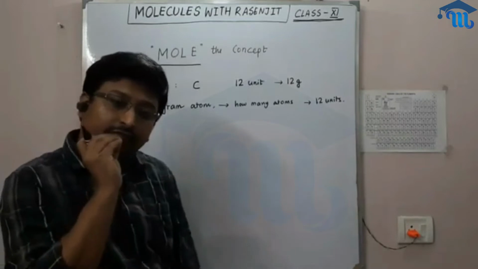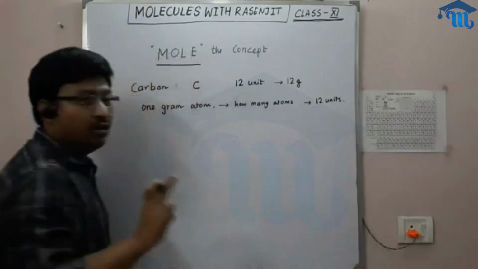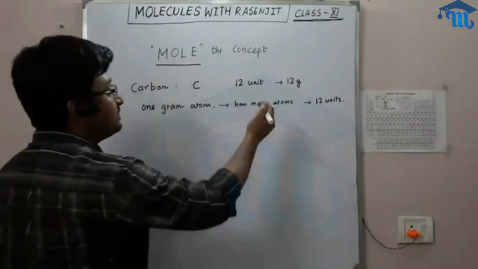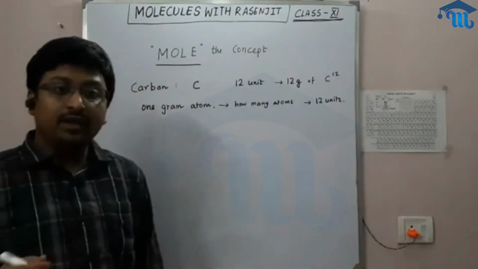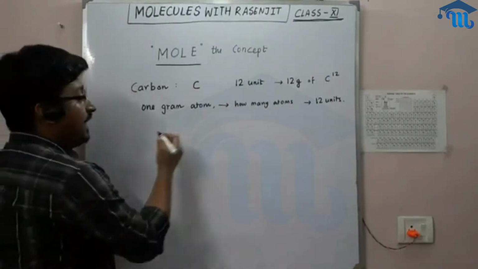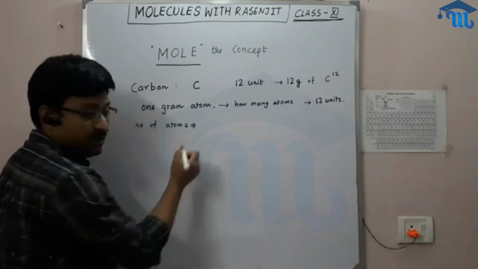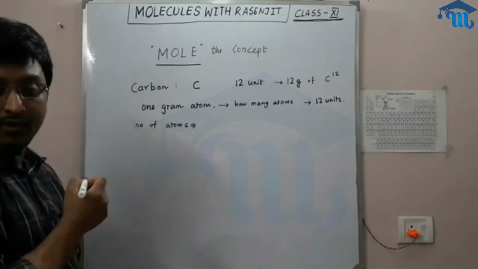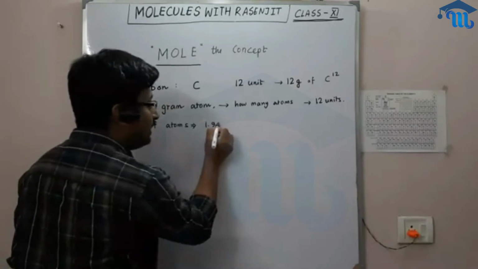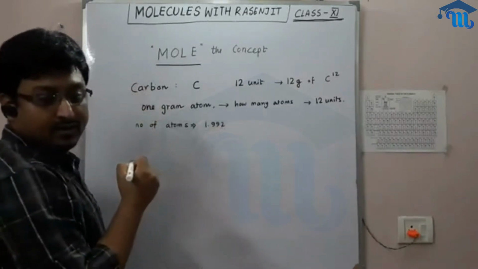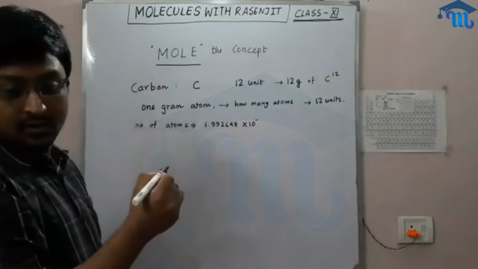But experimentally it has been found that in this 12 grams of C12, the number of atoms, determined by mass spectrometer, has been found to be equal to 1.992648 into 10 to the power minus 23 grams.